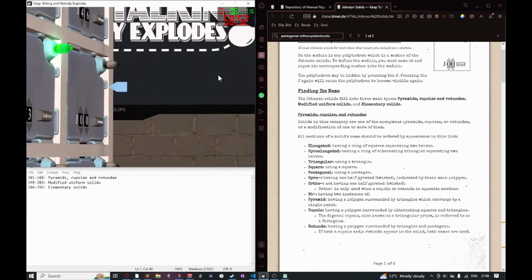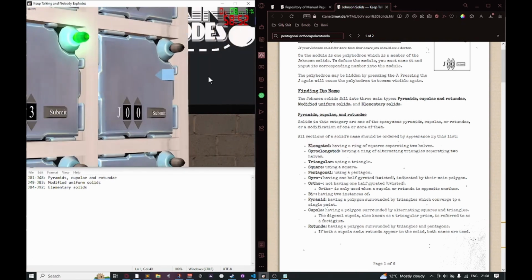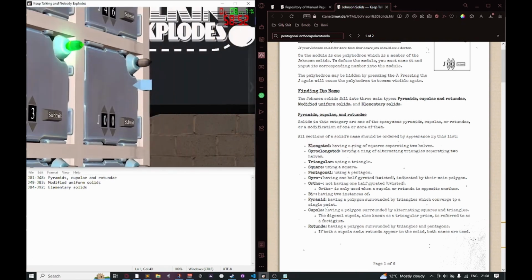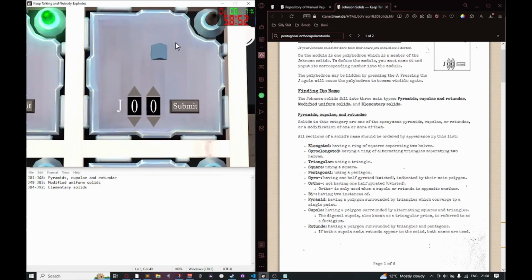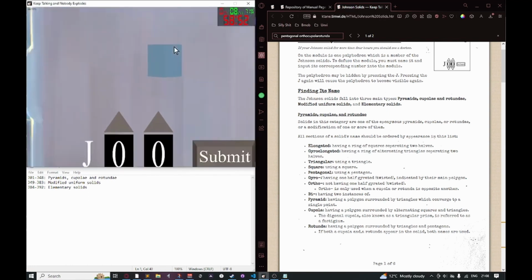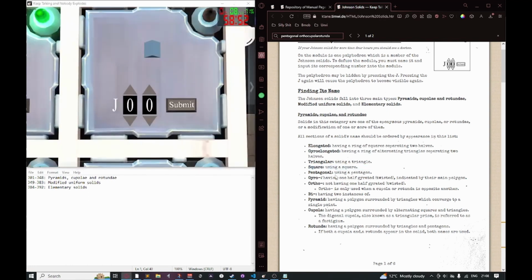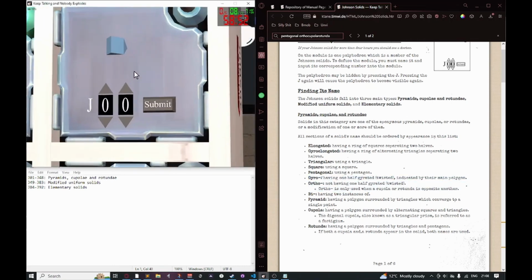We have two halves of something here. They don't seem to have a ring of squares separating them. They don't seem to have a ring of alternating triangles. We don't really see a triangle as a main polygon. We would see that here, we only see a line. It's not square, it's not pentagonal. We can't really say anything about gyro and ortho because we don't know what we're really dealing with yet.